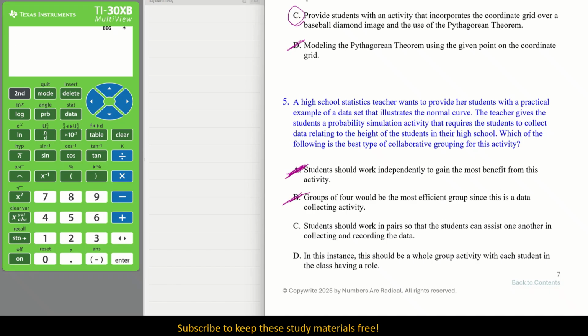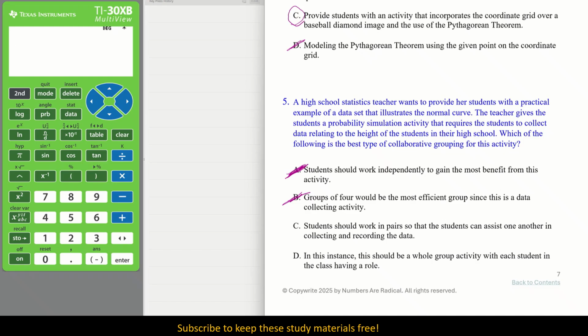Let's look at C: students should work in pairs so that the students can assist each other in collecting and recording the data. I see one person collecting and one person helping record, and then feeding off of each other. I have noticed that groups of 2 and groups of 3 can work, but groups of 4 are not always good.